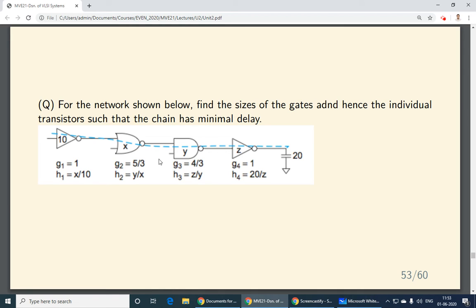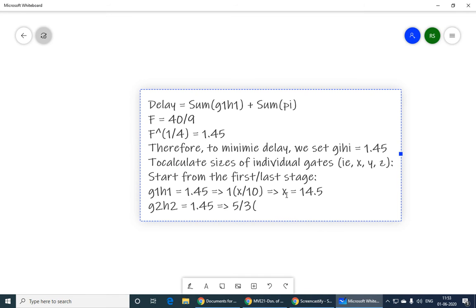Output is Y, that is this value. Input is X, which we just calculated as 14.5. So Y divided by 14.5 equal to 1.45. Then solve for Y. Y equal to 14.5 into 1.45 divided by 5 by 3.